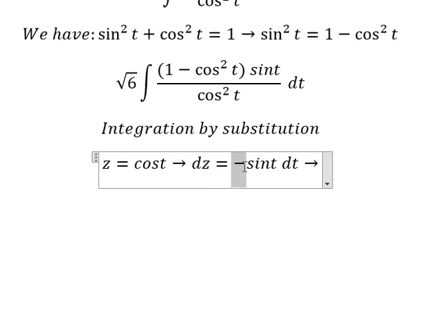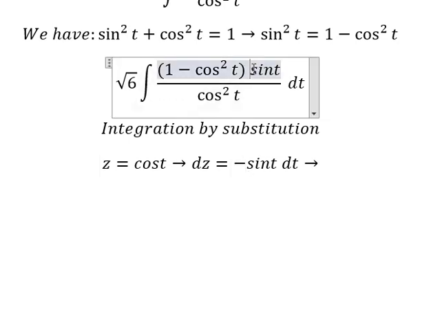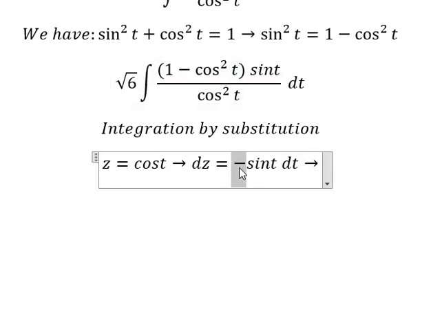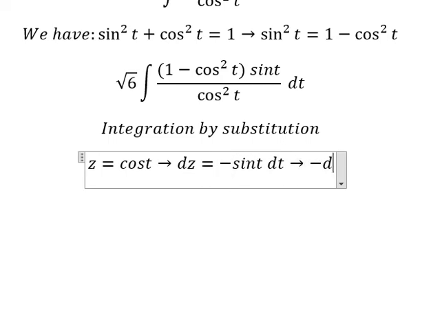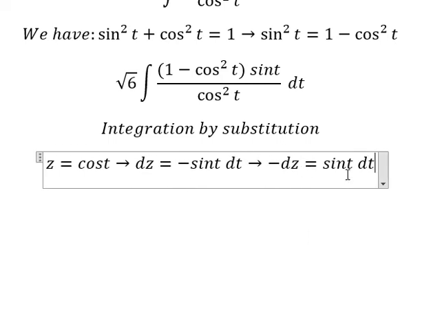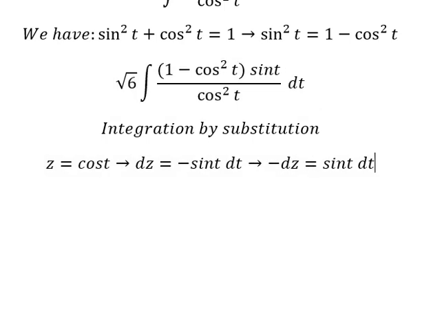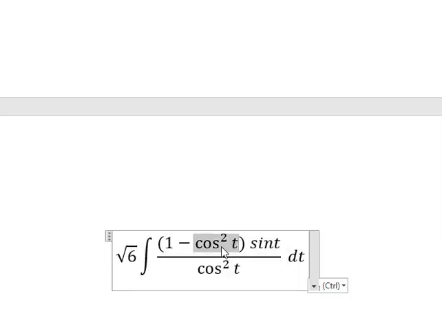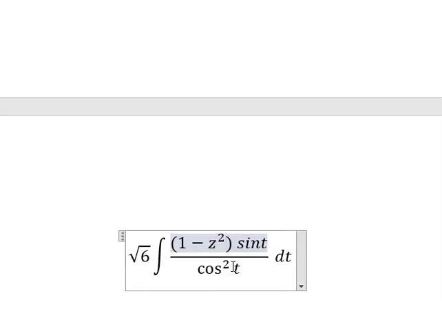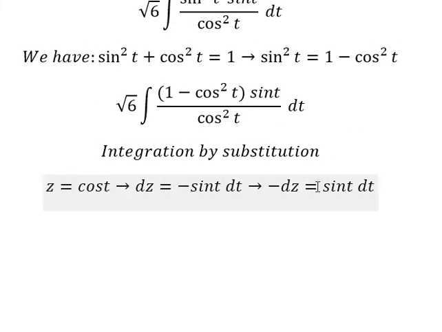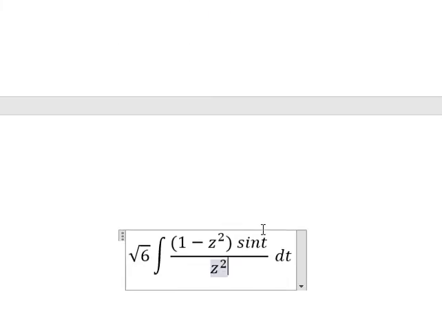Because we don't have the negative sign here, I will put the negative on the left. So this one we change to z squared. This one we change to z squared. Sin t dt we change to negative dz.